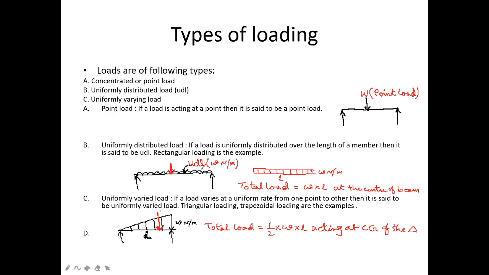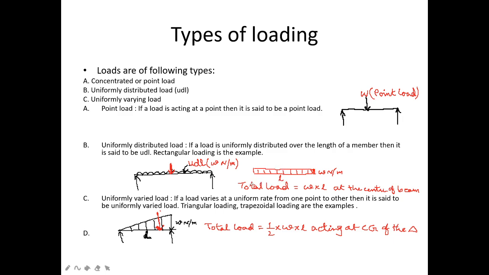Now you can convert this UDL into a point load by finding out the area of this figure, because it is a rectangular loading which I have shown here. So the area of the rectangle, you know, is W into L. This height of the rectangle will show the intensity of loading of UDL, and this is the length of the member over which the UDL is distributed.